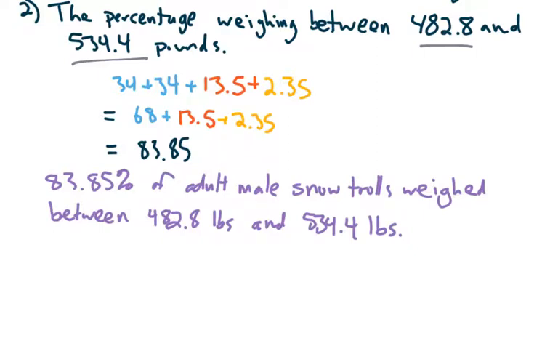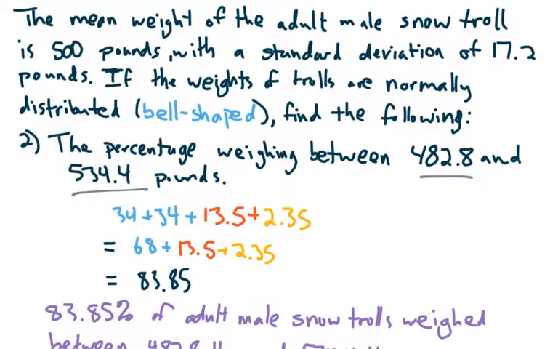And again, when you're faced with a problem like this, if all of your tools are the empirical rule, the very first thing you should do is make sure that it's normally distributed, a bell-shaped distribution. Then you start looking for mu plus sigma, mu plus 2 sigma, and mu plus 3 sigma, and then mu minus sigma, mu minus 2 sigma, and mu minus 3 sigma.